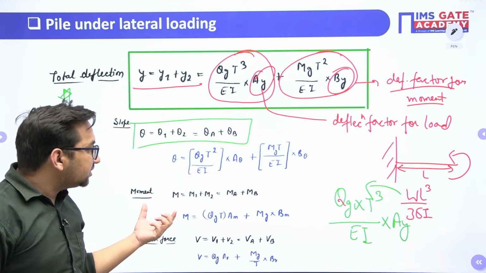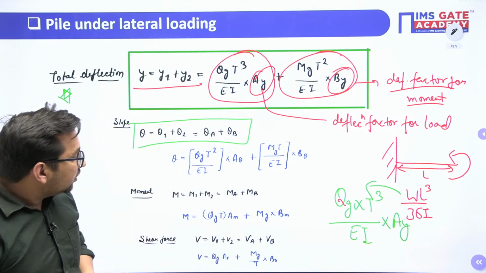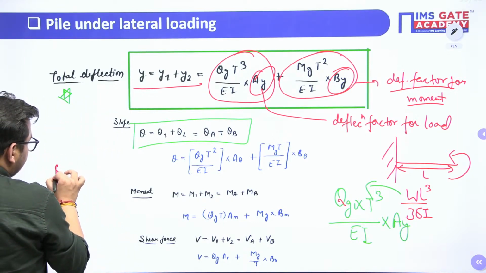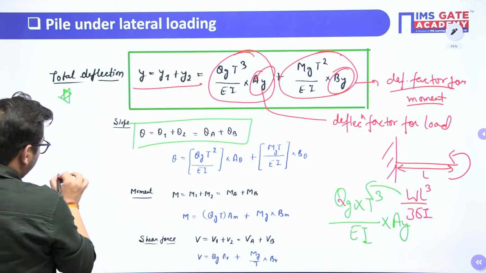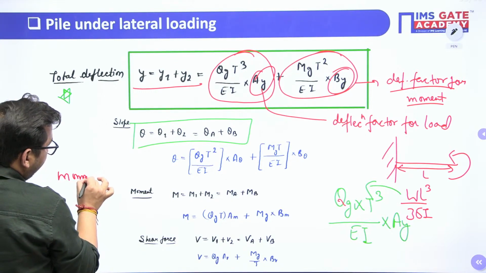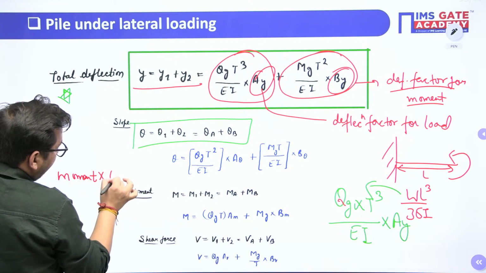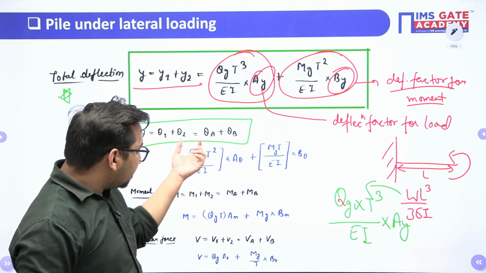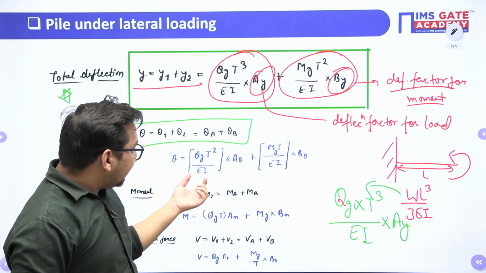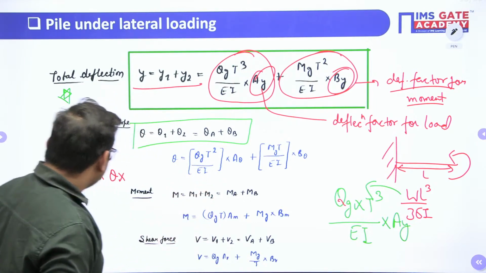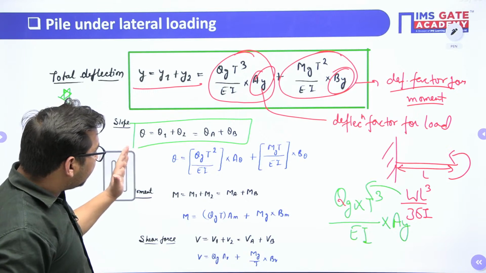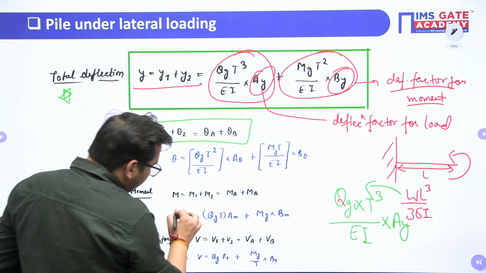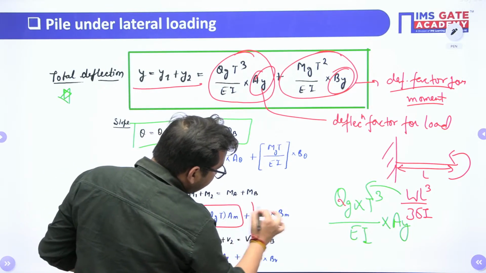Similarly, if moment is asked, we know that moment will have one dimension less again, divided by EI, so it will be Qg into T into Am plus Mg into Bm.